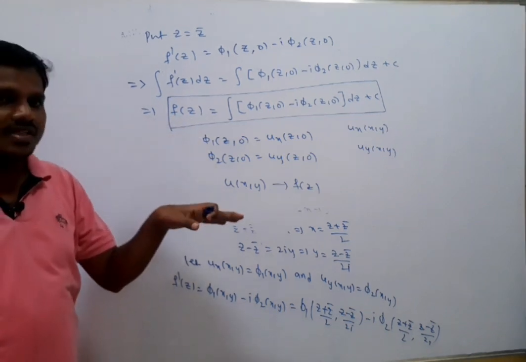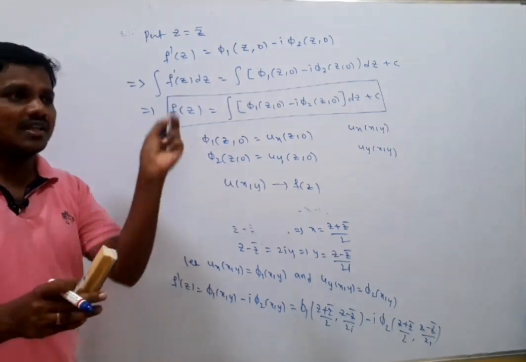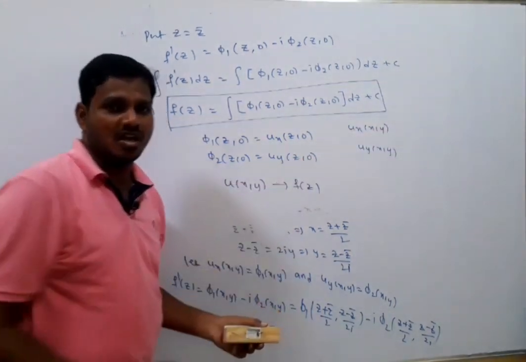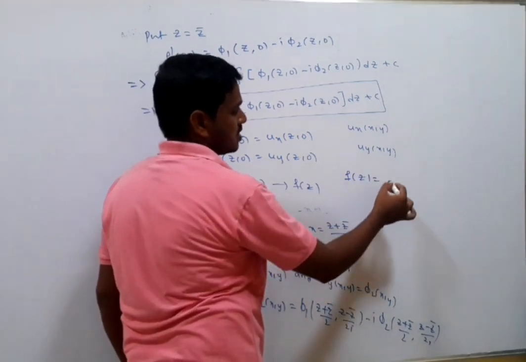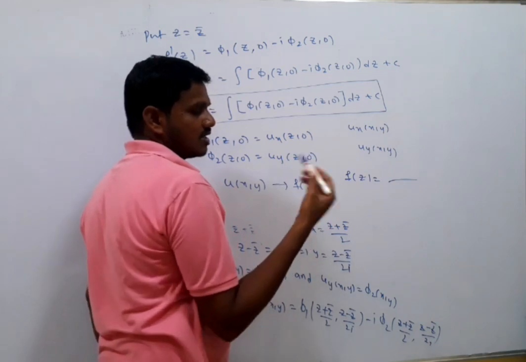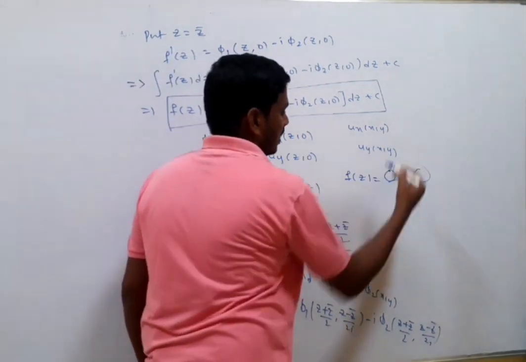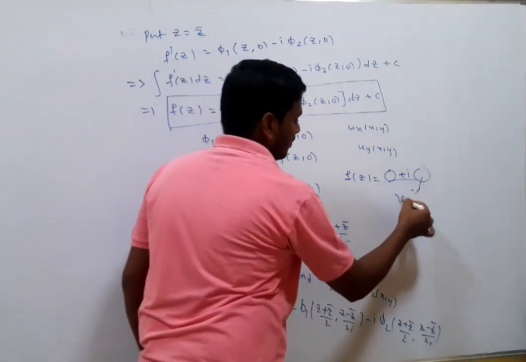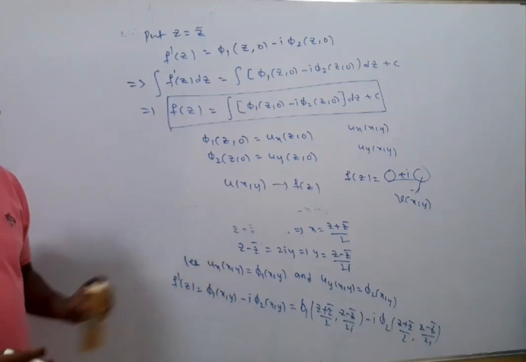If we have f of z, separating the real part and imaginary part, the imaginary part is the harmonic conjugate. Suppose we have f of z equal to some function of z, by taking z equal to x plus iy, you can write the real part plus i into another part. This is your v of x comma y, that is the harmonic conjugate. Is it clear? This is one way.